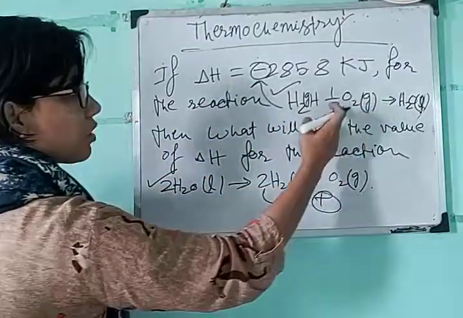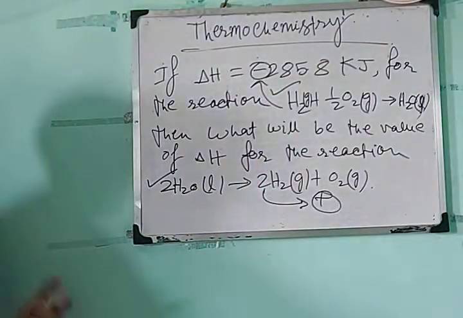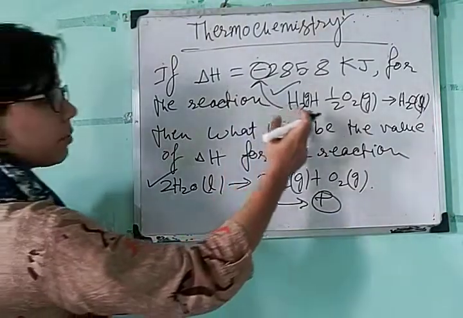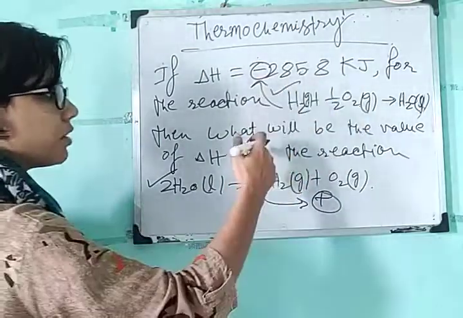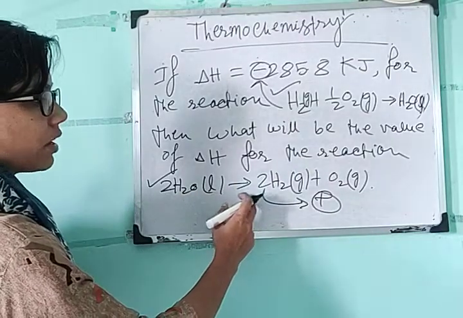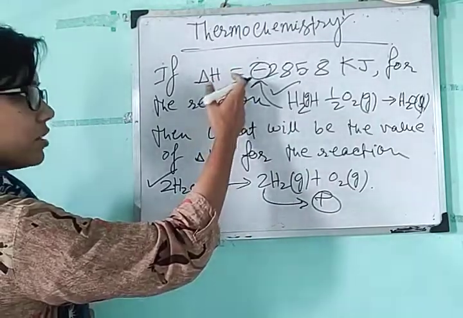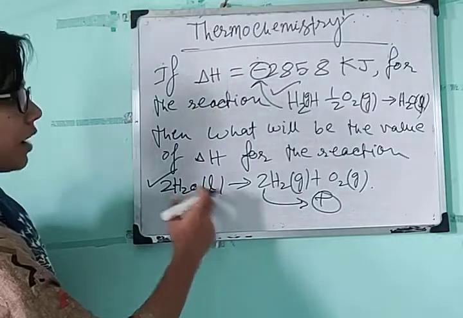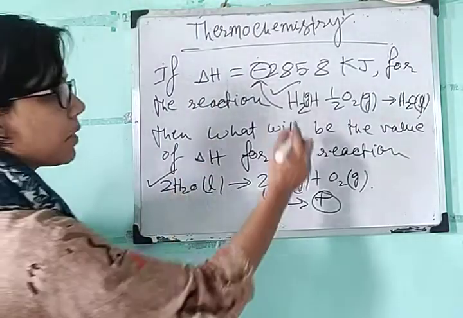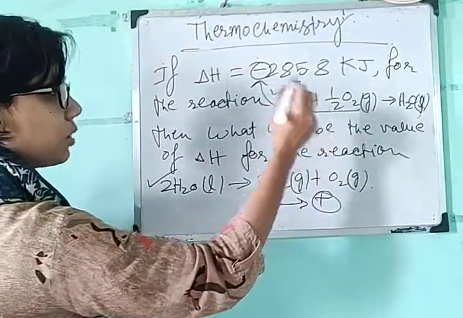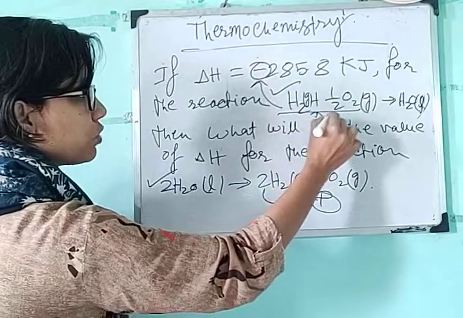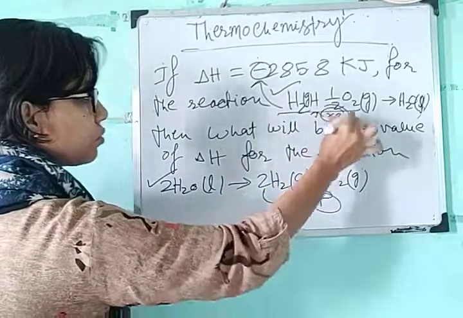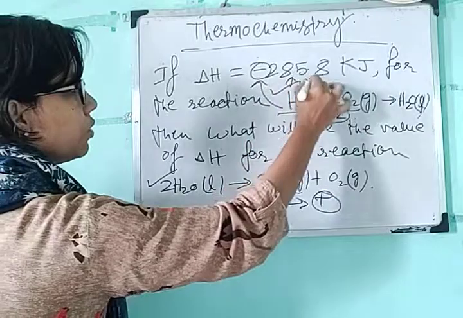Okay, 2H2O giving 2H2 plus oxygen you will get after multiplication with 2. So here the sign will be positive as it is the reverse reaction, and to get this equation you have to multiply this equation by 2, so you are also multiplying this value by 2.